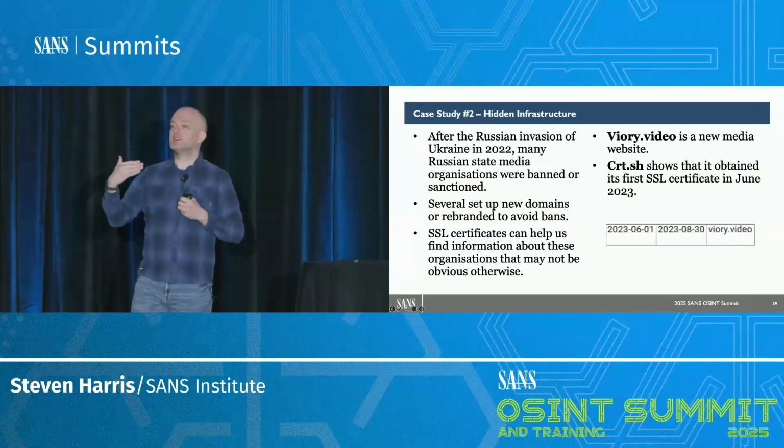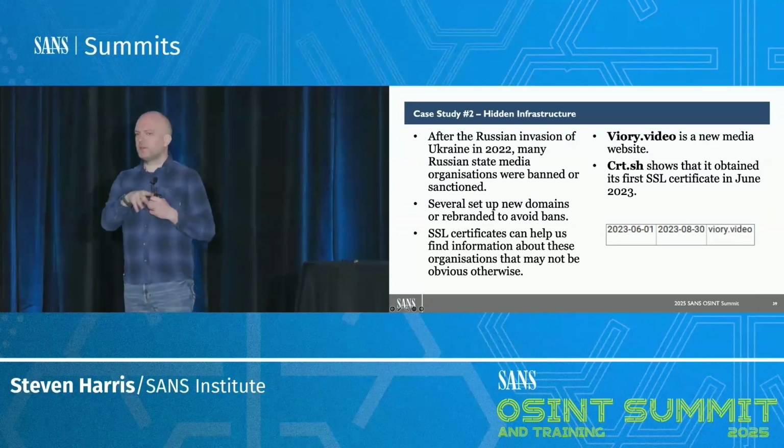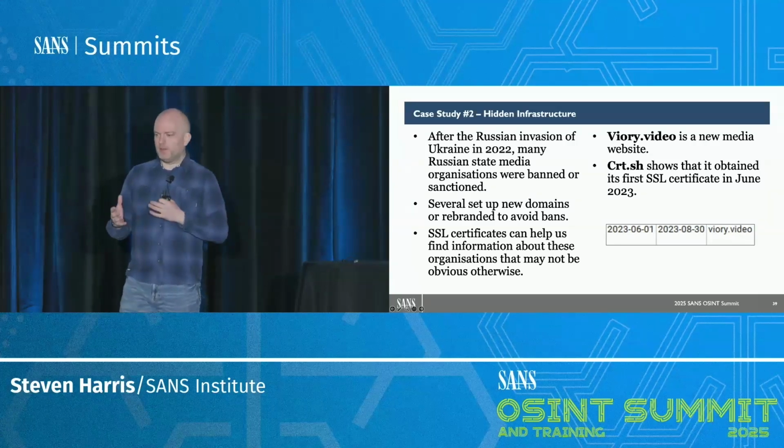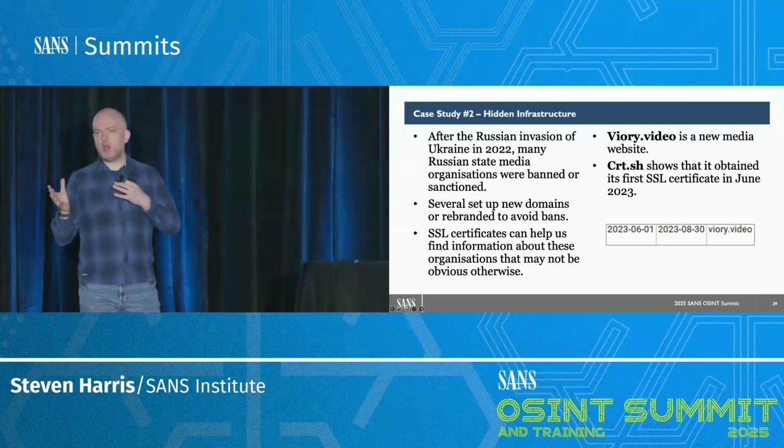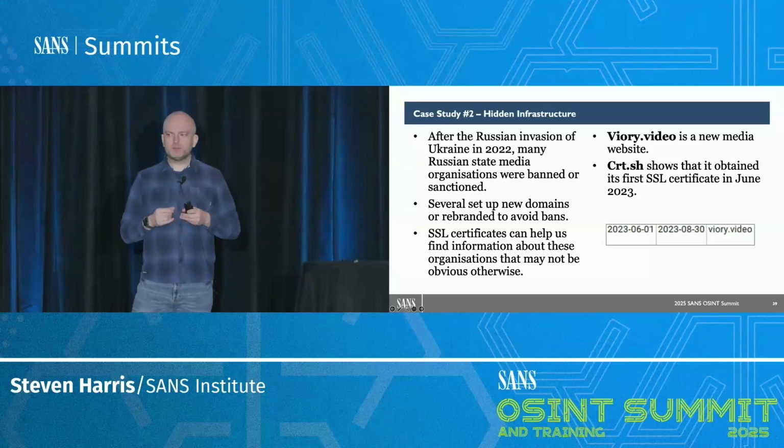And they use their state media assets in order to do that. So this was a bit of a blow to Russia when sites like Russia Today or rt.com and others were no longer accessible in the West.